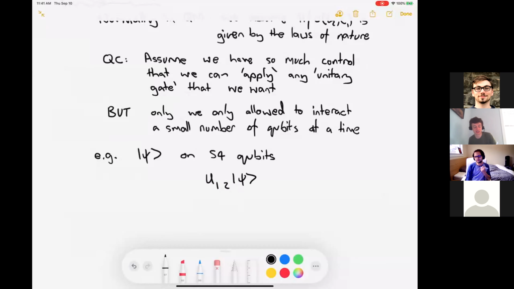And then maybe I apply some unitary that interacts qubits 2 and 8. Then maybe, I don't know, 7 and 1. Then maybe 29 and 7. So these labels just mean that this unitary only acts on the 4x4 Hilbert space, the 4-dimensional Hilbert space that is the tensor product of those two qubits, and so on. We call this a unitary circuit.